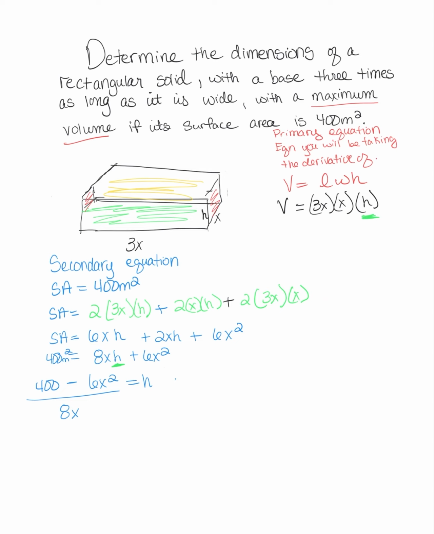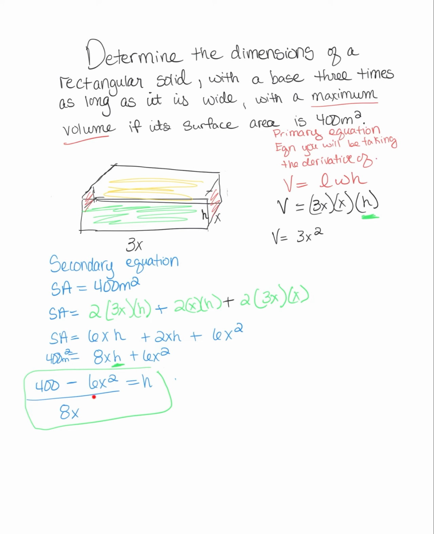Okay, so now that I have this h, I'm going to plug this in here into my volume equation. So let's do that. So now I have volume equals 3x squared times, and actually we can go ahead and reduce this right here.